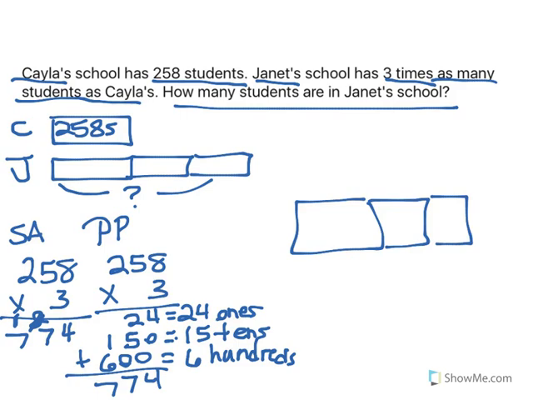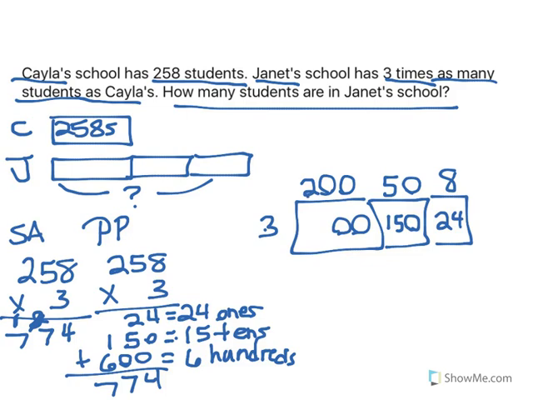My first box is where my hundreds go, and that would be 200, then 50, and 8, and we're multiplying this all by 3. I know that 3 times 8 is 24. 0 times 3 is 0. 5 times 3 is 15, so I get 150. 0 times 3 is 0. 0 times 3 is 0.